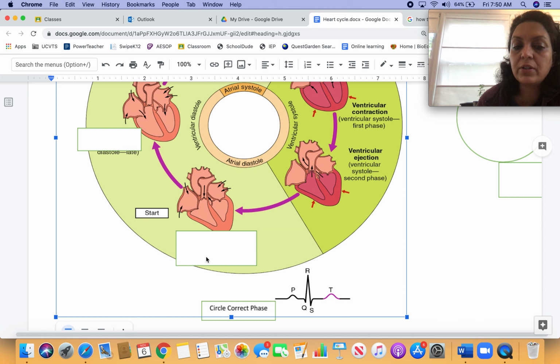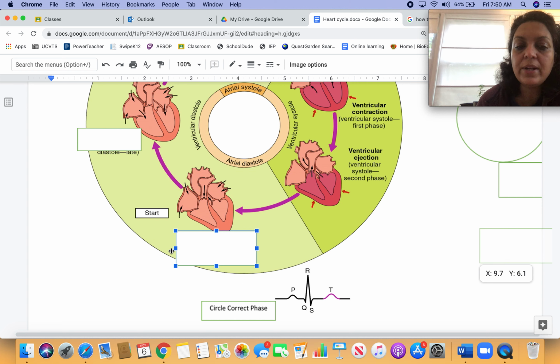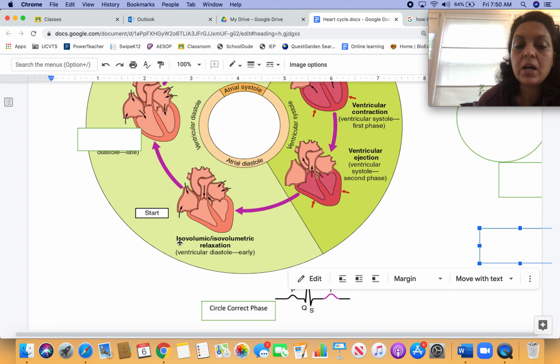Okay, ventricular diastole, meaning the ventricles are now in isovolumetric relaxation. The ventricles are not receiving any blood at this point early on. They're just closed chambers with no blood.